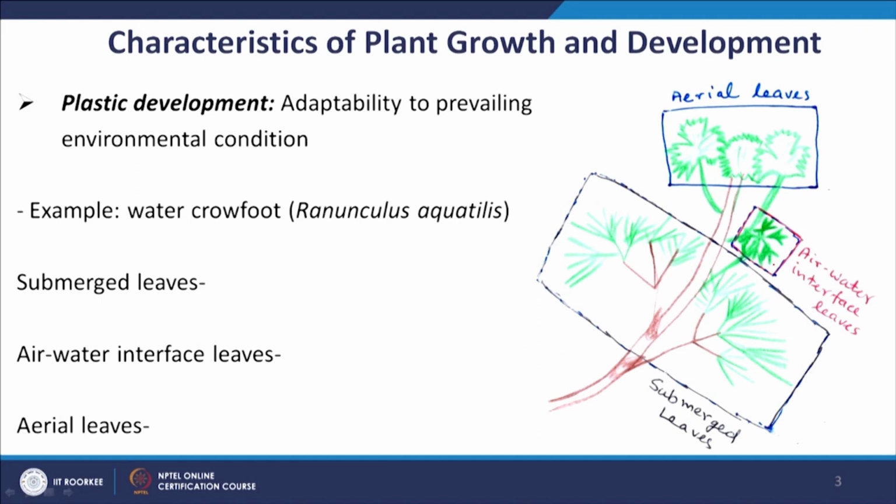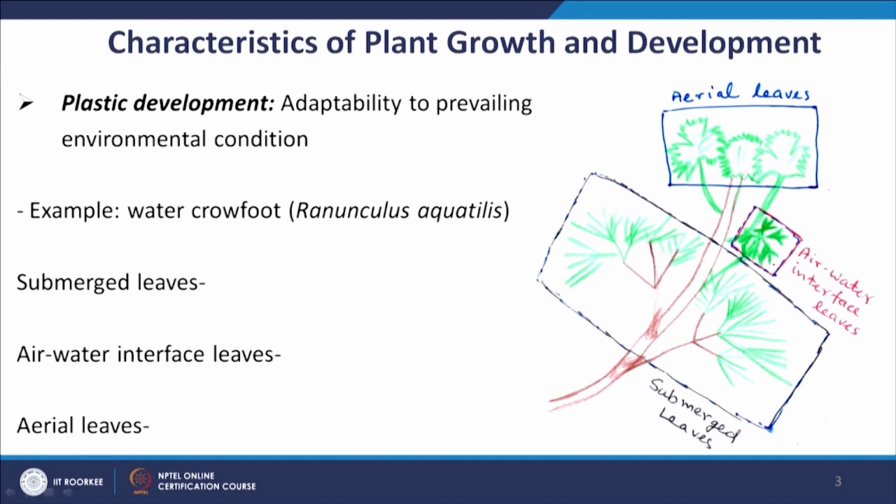Now look at water crowfoot, which is a kind of aquatic plant. It grows in a way that a portion of the plant is submerged in water, a portion is at the surface, at the interface of water and air, and a certain part of the plant is aerial, outside the water.